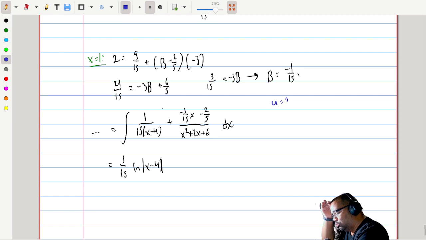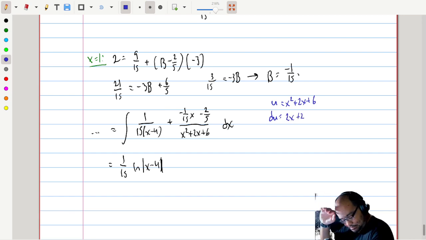I'll set u equals x squared plus 2x plus 6. du is 2x plus 2 dx.